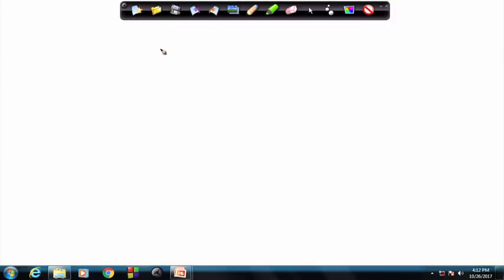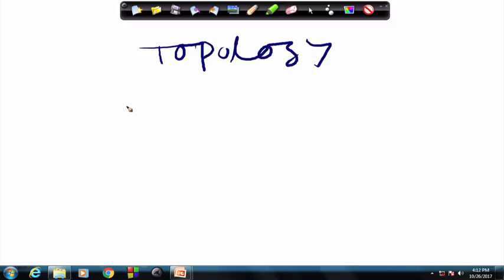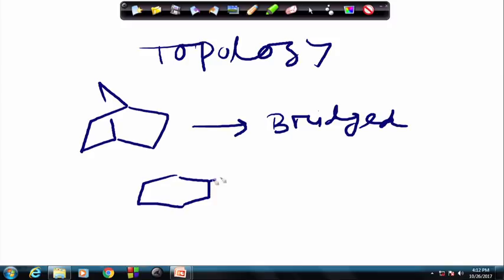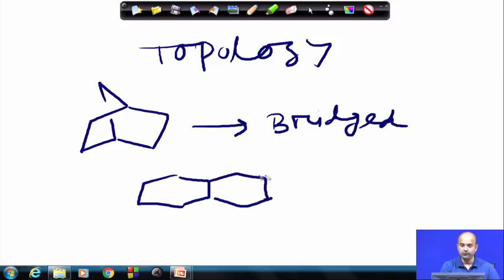Let us emphasize a little bit more on topology. Topology basically says how the molecule or cyclic groups are connected. Now, this is a very unique topology. This topology basically gives you a bridged structure, a bridged unit. This is a unique topology, 2 cyclohexane rings linearly fused.